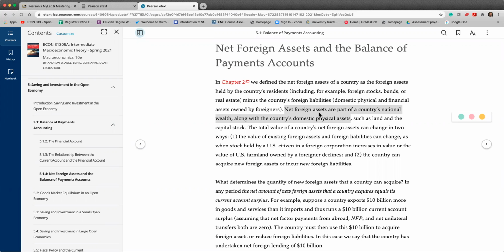We can use that to think about, for example, at the end of this chapter, what's the impact of increases in government budget deficits? What do they do to our country's wealth? Partly that has to do with what the government's spending the money on. If they're running budget deficits, they're printing government bonds. If other countries are buying those bonds in the open market, they're essentially lending to the US.